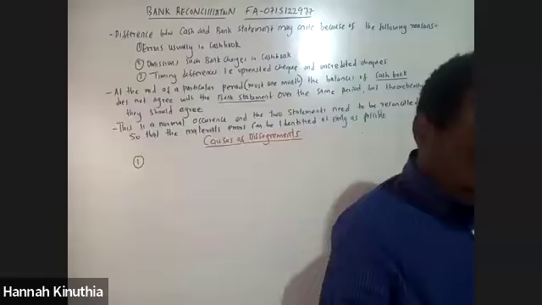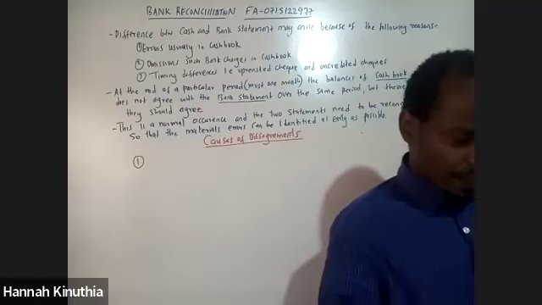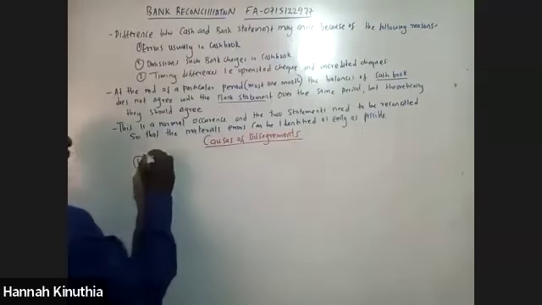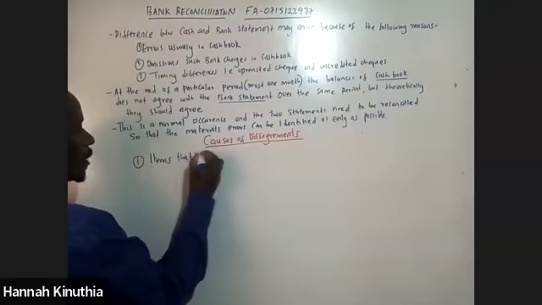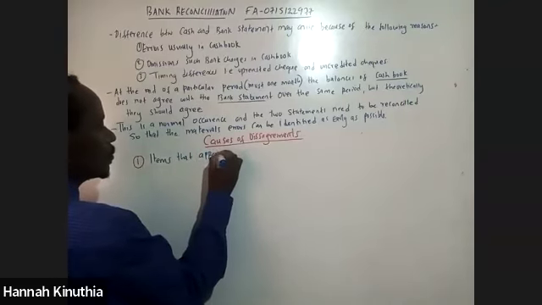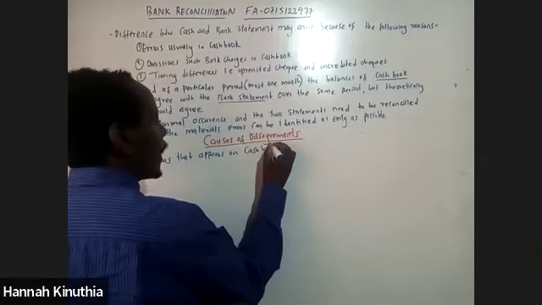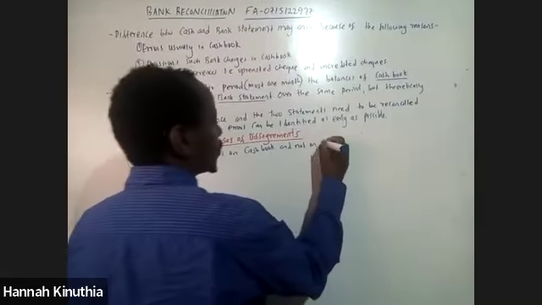So let's see some of the causes of disagreement. Number one, items that appear on the cash book but not on the bank statement.